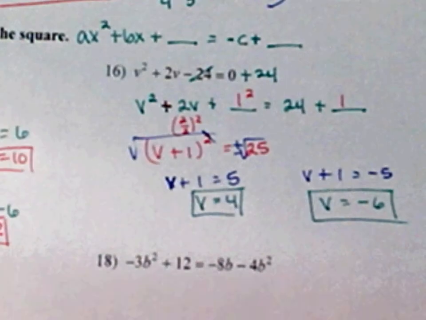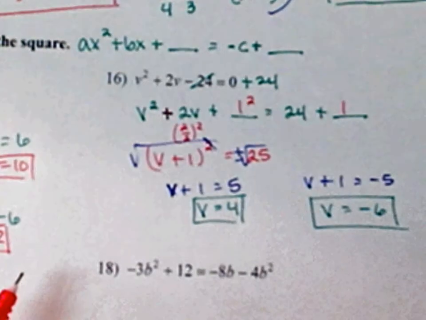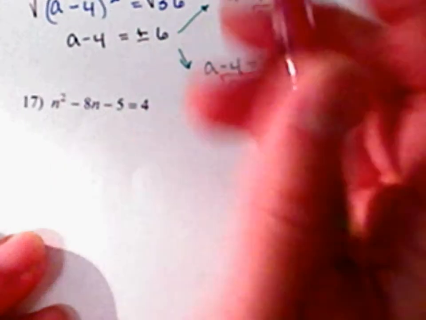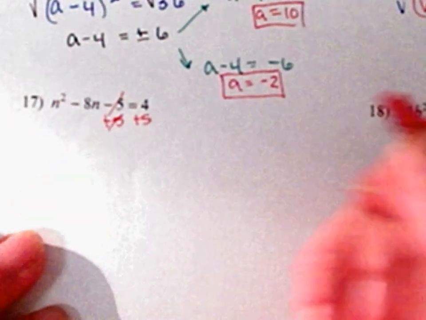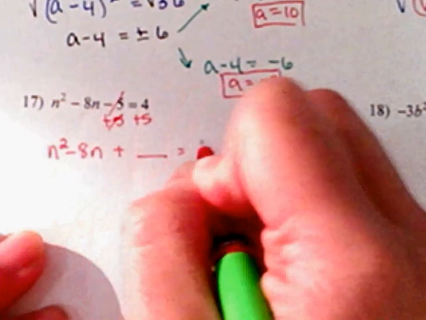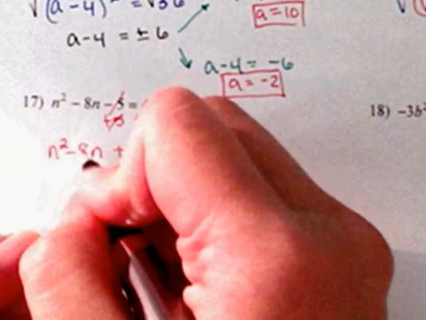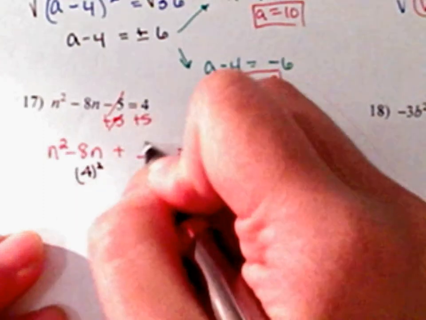Number 17. Alrighty, let's look at 17. I have some like terms, so let's move the 5 over. What you do to one side, you do to the other. So now you have n squared minus 8n plus a blank is equal to 9 plus a blank. Okay? Half of 8 leaves you 4 squared. 4 squared is the same thing as 16. Let's rewrite it.